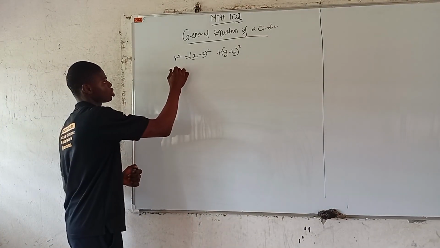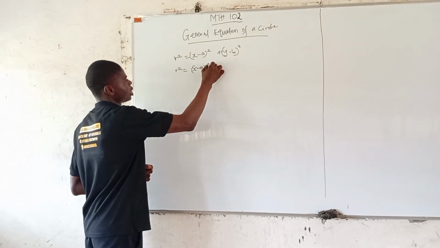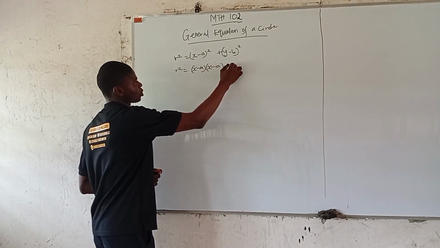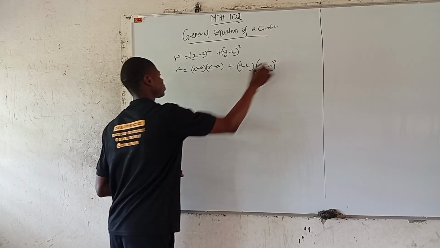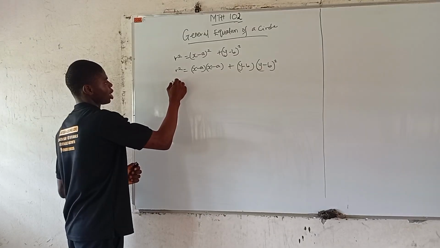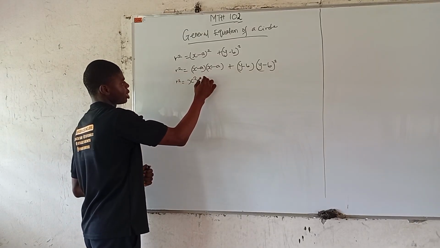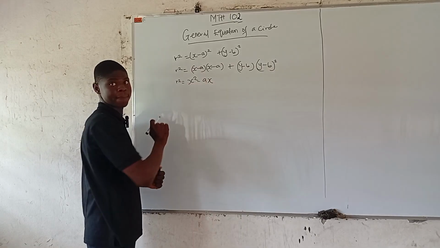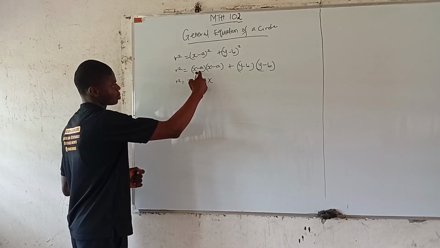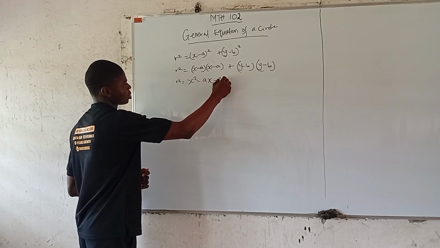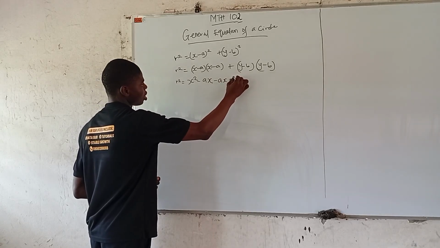First thing you want to do is to open your brackets, simple expansion: x minus a, x minus a, now positive y minus b, y minus b. So here you have r squared becomes x times x is x squared, x times a is minus ax, minus times x is minus ax, minus times minus a is positive a squared.